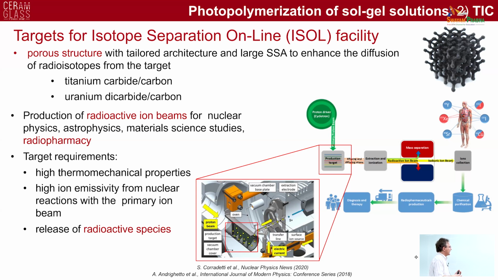And besides that, we need macro porosity also in order to have a better handling of thermal issues, and in order to have, again, a simpler extraction of the isotopes.